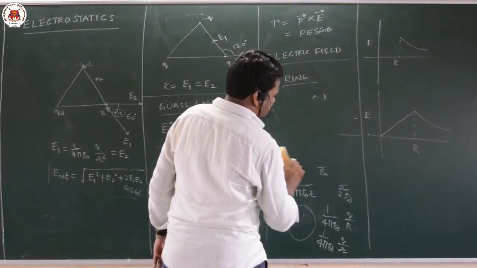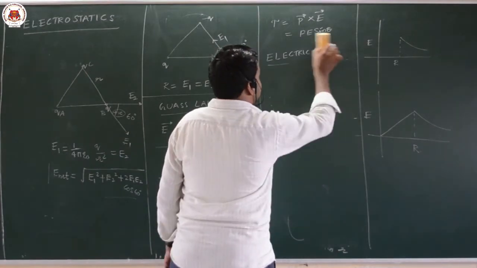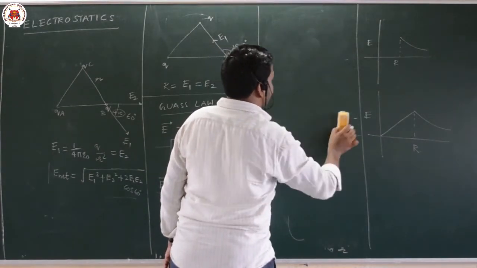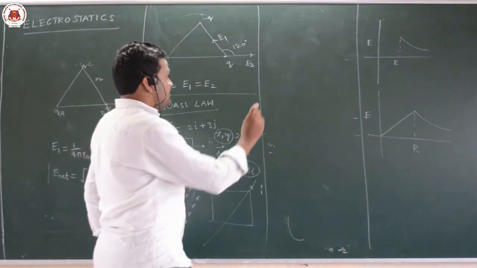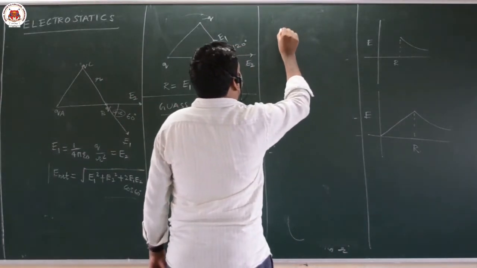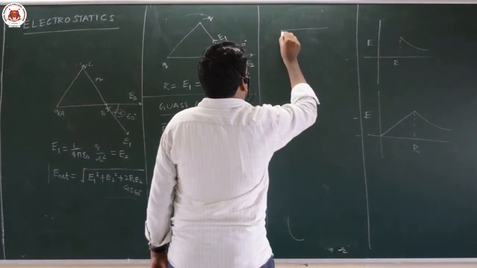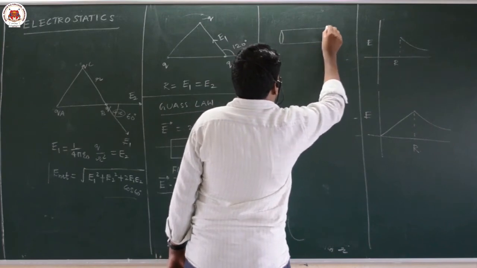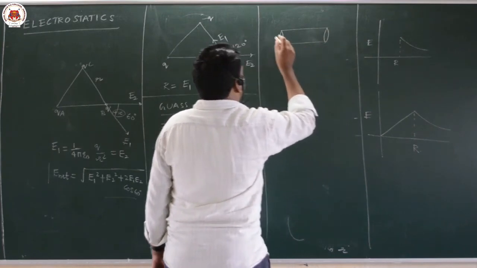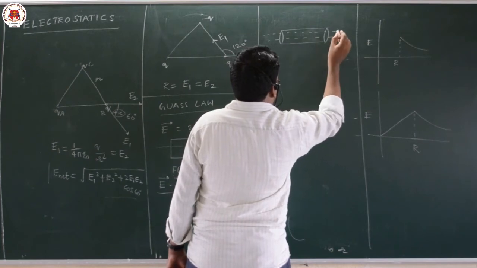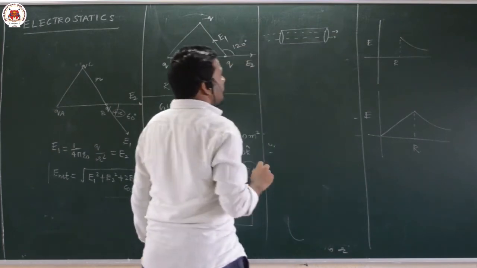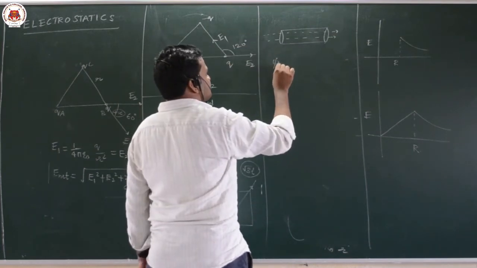And in Gauss law, sometimes they will ask a question like this. There is a cylinder which is present in a uniform electric field like this. What is the flux passing through this?